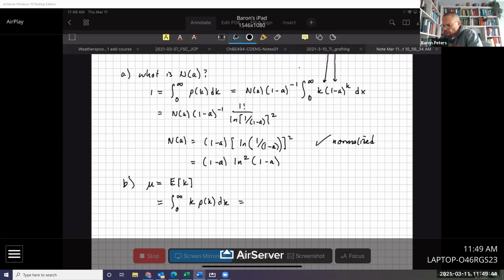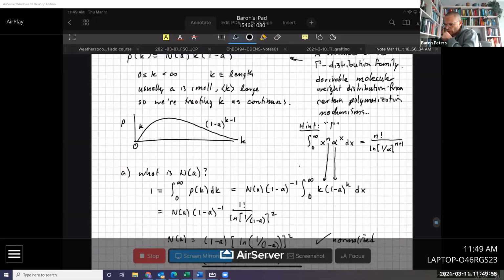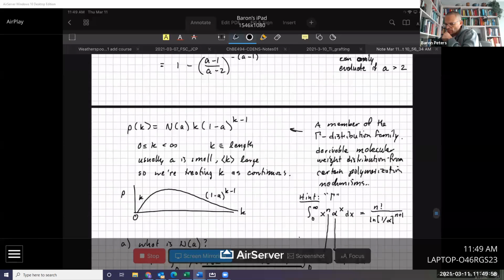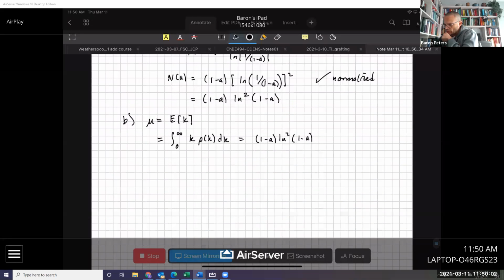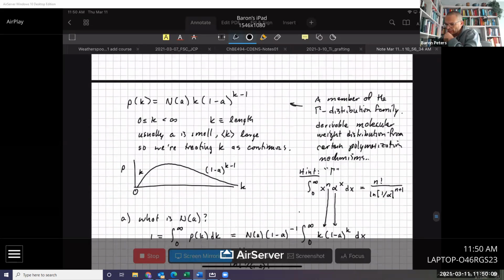Now I have 1 minus a log squared 1 minus a out front. I have a 1 minus a to the power minus 1 that's going to come out of the distribution, and so that's going to get rid of this thing.